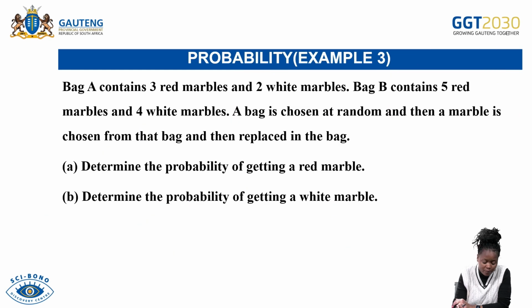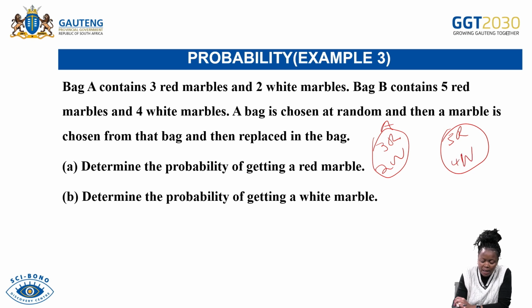Example number 3. It says bag A contains 3 red marbles and 2 white marbles. And then you've got bag B. So you have the first bag, which is bag A. It contains 3 red and 2 white marbles. And then you have another bag that contains 5 red marbles and 4 white marbles.